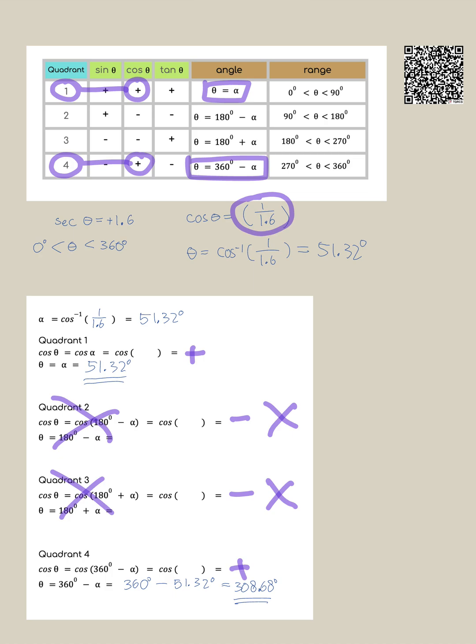But there's one more thing we can do to check whether our answer is correct.